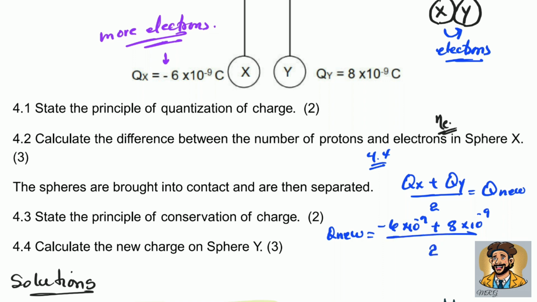You will get that the new charge is equal to 1 times 10 to the minus 9 coulomb. It's a positive charge. Guys, this is the question.